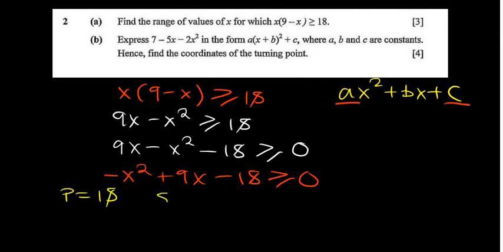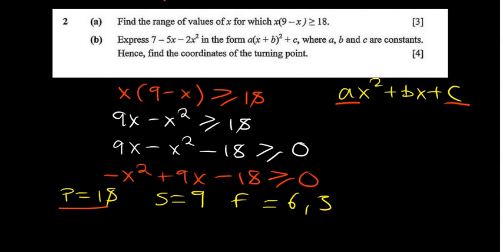The sum is always the middle part, which is 9. The factors should be numbers that multiply to give 18 and add to give 9. So what are these two numbers? That is 6 and 3. 6 times 3 is 18, and 6 plus 3 is 9. That's why we call this the product and that the sum.